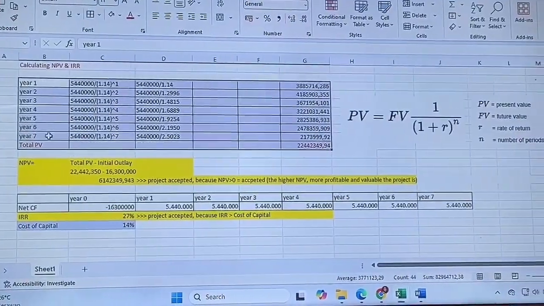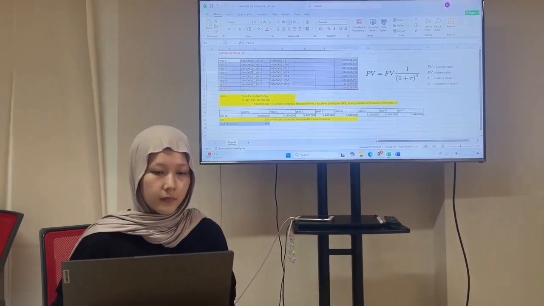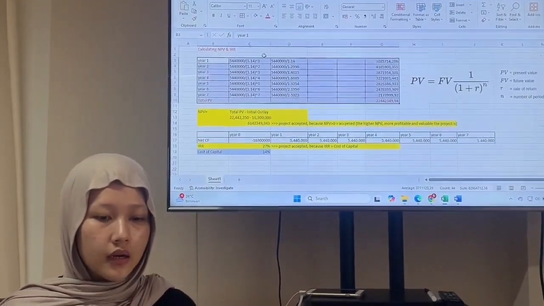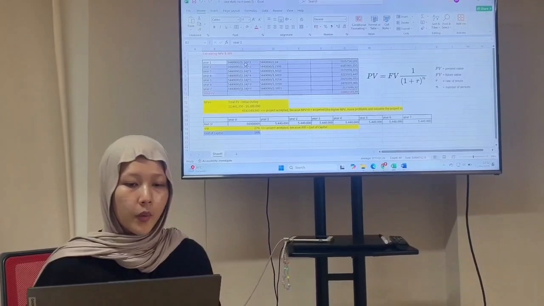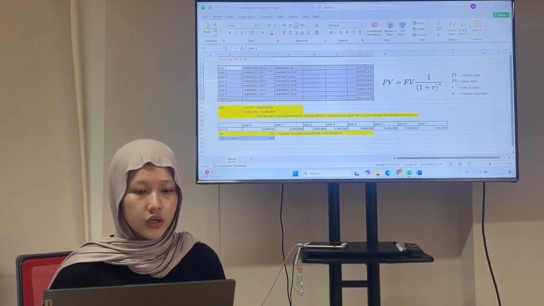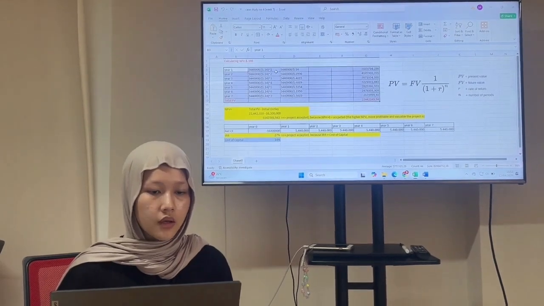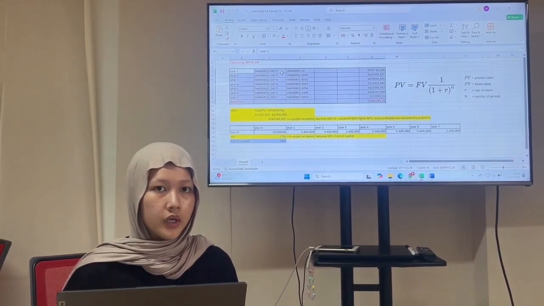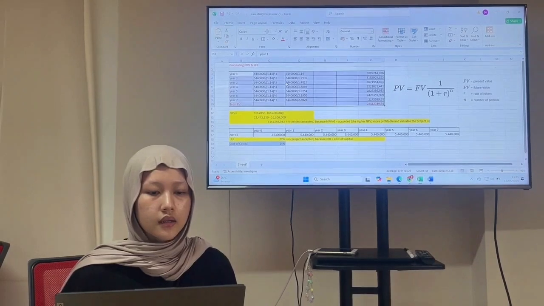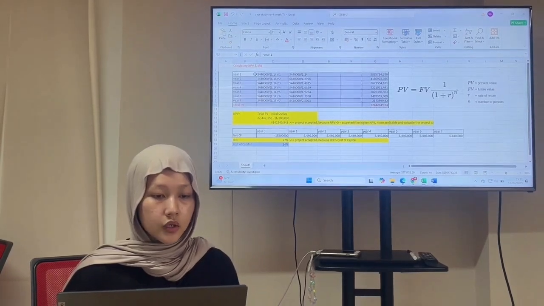From year 1 to year 7, we have the same amount of expected cash flow, $5,440,000, and then divided by 1.14, because the rate of return from the data given is 14%, meaning 0.14 plus 1, so it becomes 1.14 to the power of 1 because it's year 1.